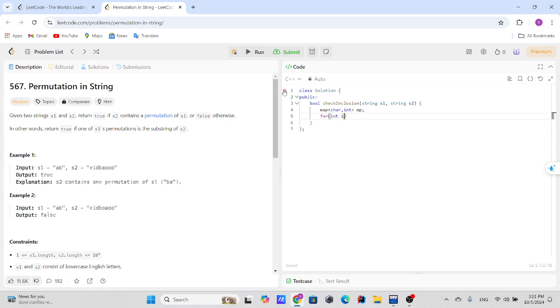Let's try to do it. s1[i]++. Okay. Actually, I don't want to. Let's use an integer array of 26, which will be initialized to 0.